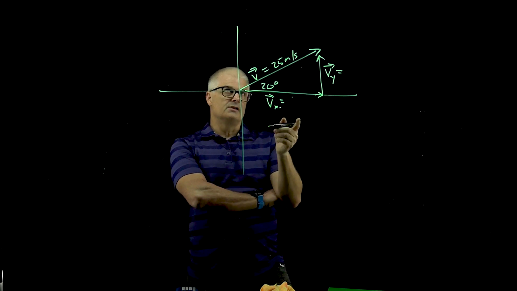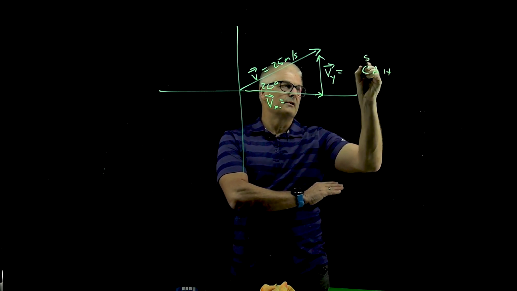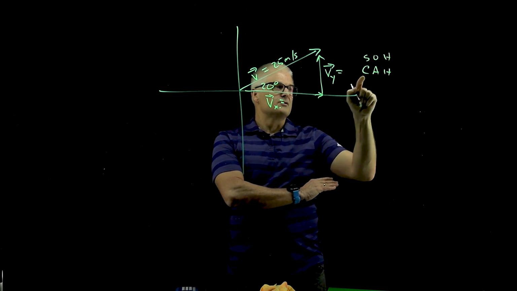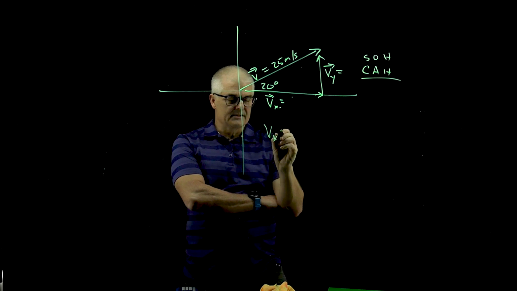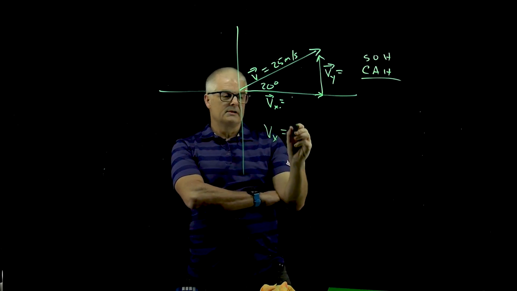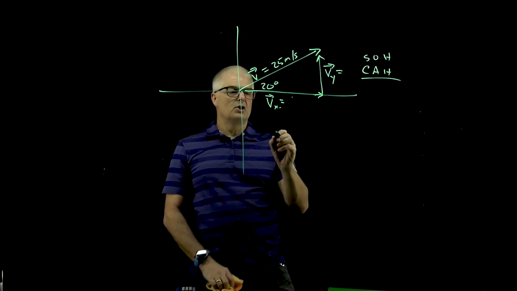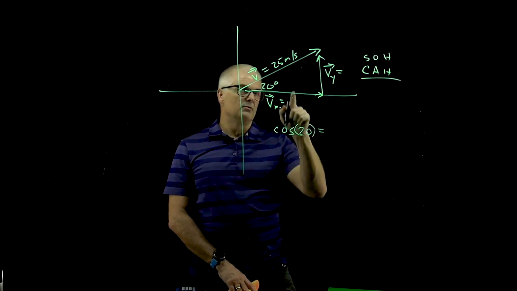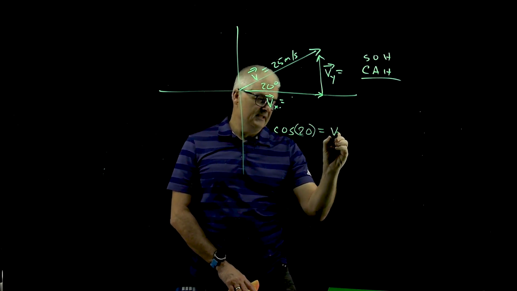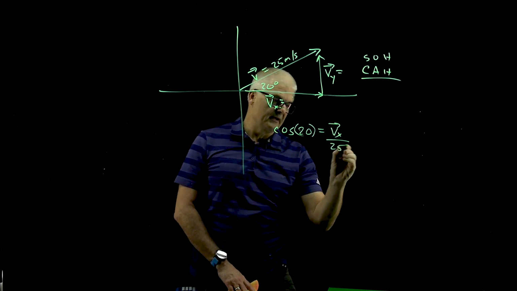So adjacent, this is cosine. So cosine of 20 degrees equals adjacent Vx arrow over 25.